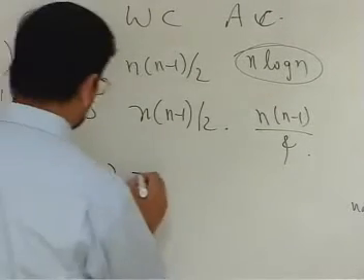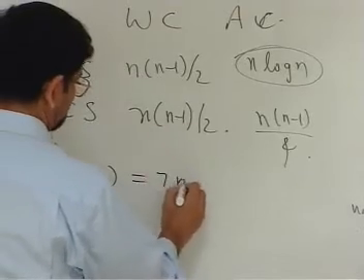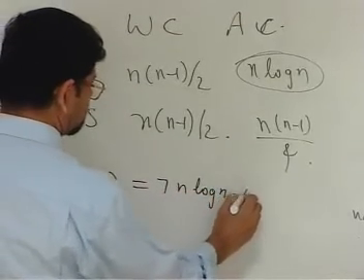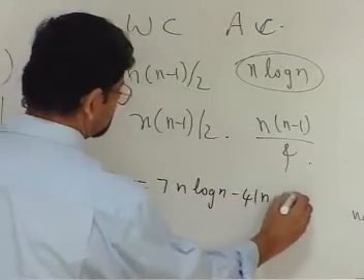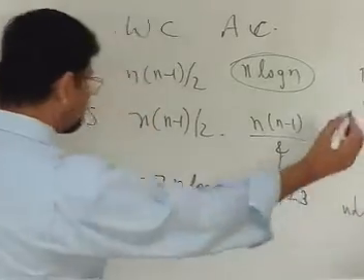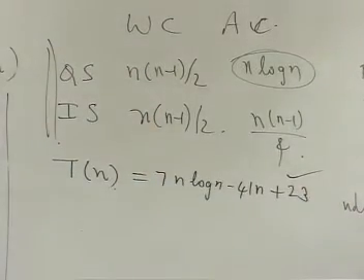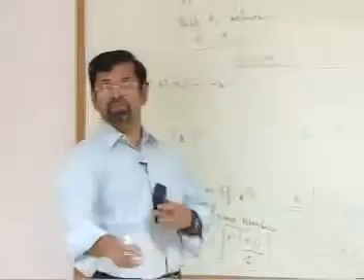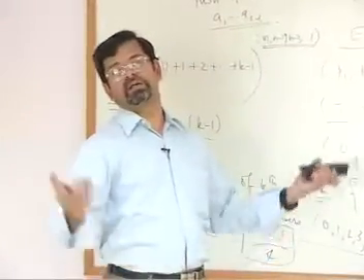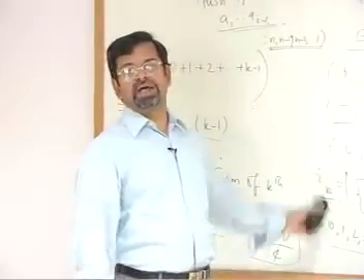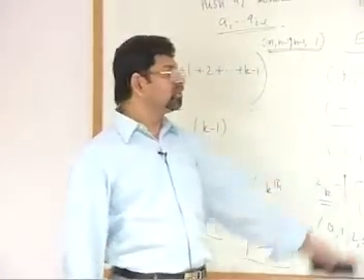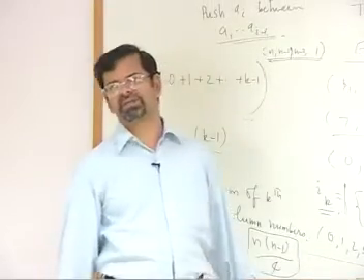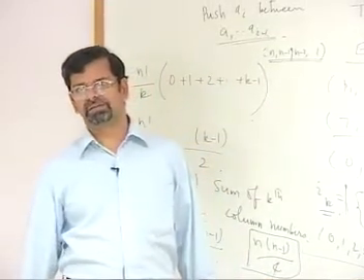Let us say T of n equal to 7n log n minus 41n plus 23. Ideally this is the exact complexity and this is what I want, but very often I may not be able to simplify my analysis, and then I may not be able to get this kind of result.